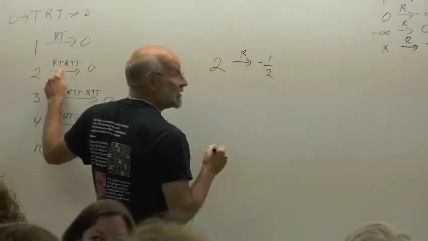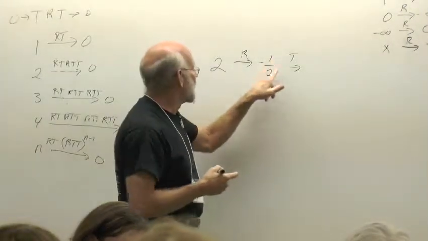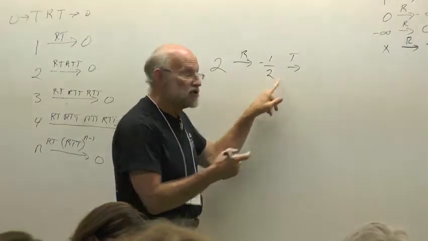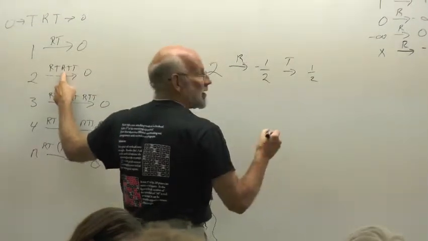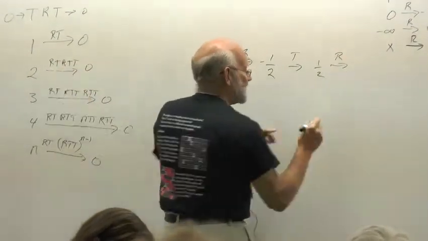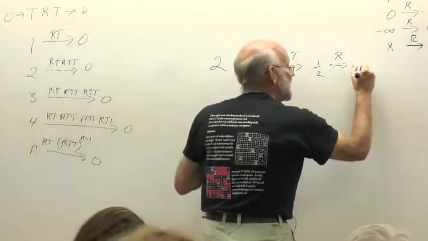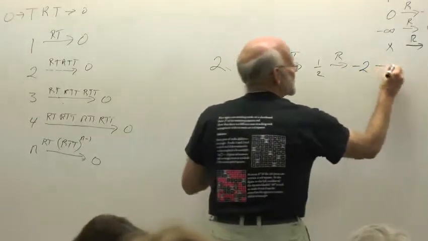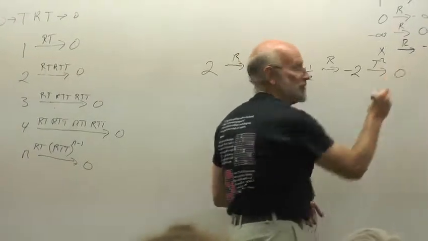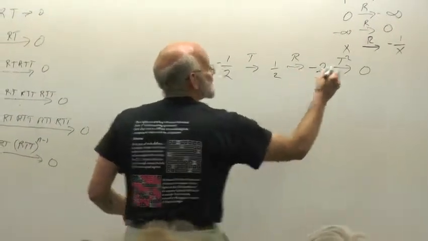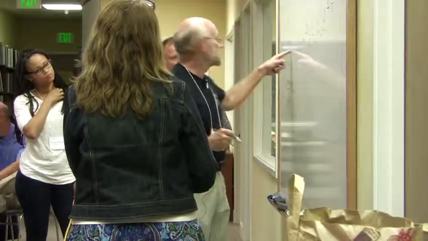Now I do a T. That T always adds 1, so negative 1/2 plus 1 gets us to positive 1/2. Then I do an R. That's negative 1 over 1/2, which is negative 2. And then the T squared adds 1 more, and we're back to 0. So this formula works here.